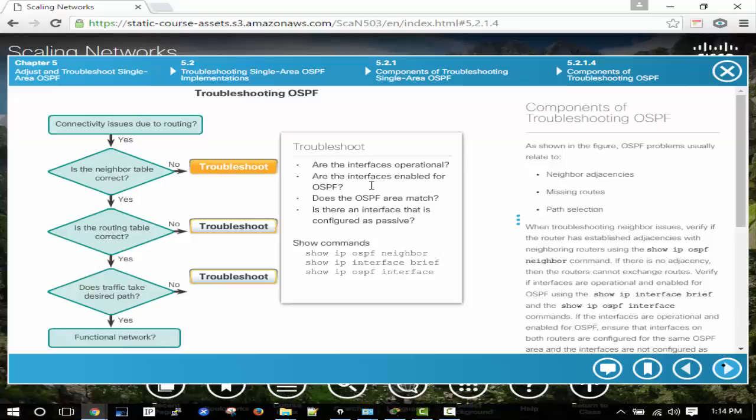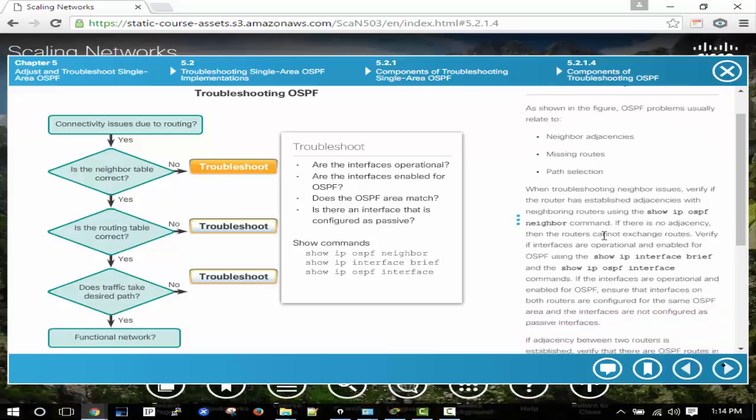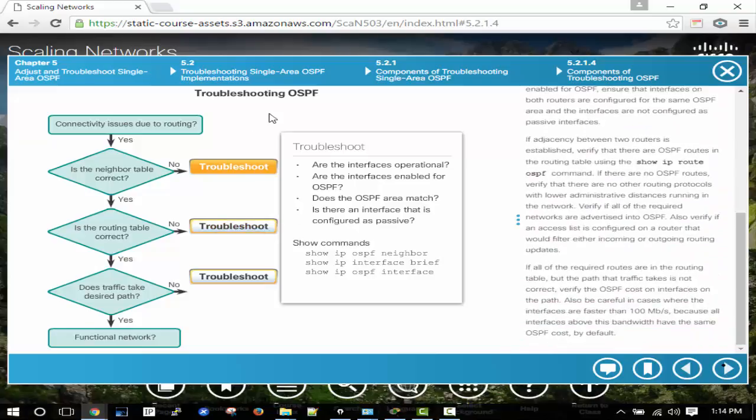How do we troubleshoot OSPF? Well, if we're missing routes, we check to make sure all of our neighbors are there. We have the correct amount of adjacencies. That we put the network into the routers that we did, and I guess path selection would be if we're forming a loop or something, we would want to troubleshoot that.